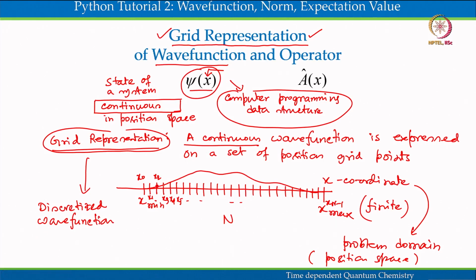So instead of drawing it like this, I have to draw it this way. It was like this, and I now have discrete values of the wave function, and this is going to represent the wave function in the Python programming. I get discrete values on the x grid.